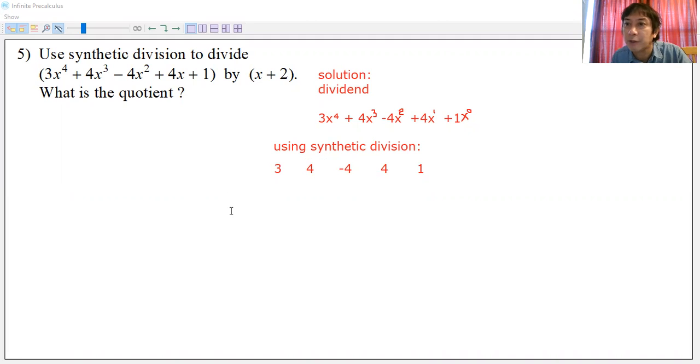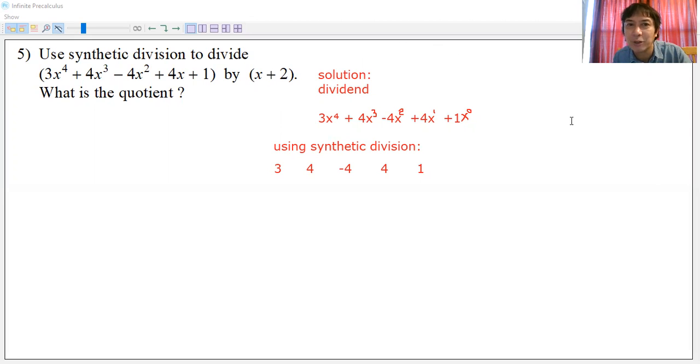All right, let's have our trial divisor. Our trial divisor comes from the divisor x plus 2, so we get that number separately. A shortcut there is just change the sign. You can see here plus 2, just change the sign, it's a negative 2.